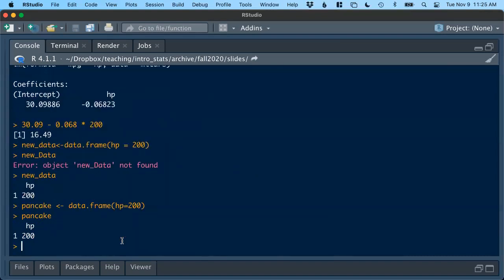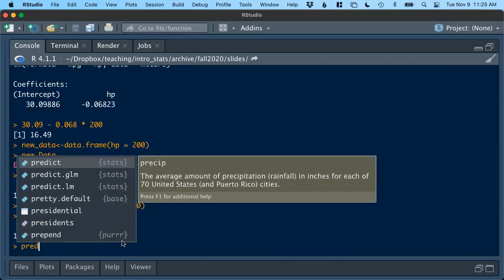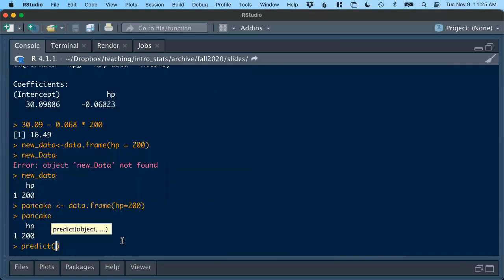Now what we can do with this is use a function called predict. Predict's first argument will be a model, and in this case we're going to give it M1. And the second argument, we want to say newdata equals pancake.